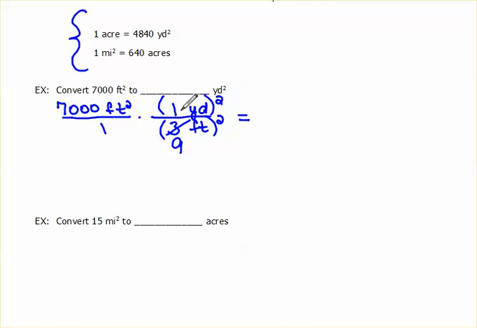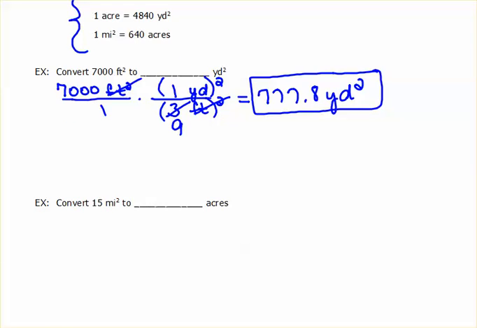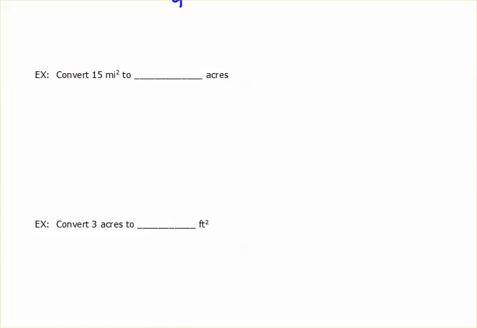So whenever I go ahead and simplify this, square feet and square feet will cancel. I'm going to have to take 7,000 divided by 9 to get 777.8 square yards. So you just have to be very careful about squaring what you need to, and then you'll be just fine, especially if you have the dimensional analysis idea down pat from the last section.